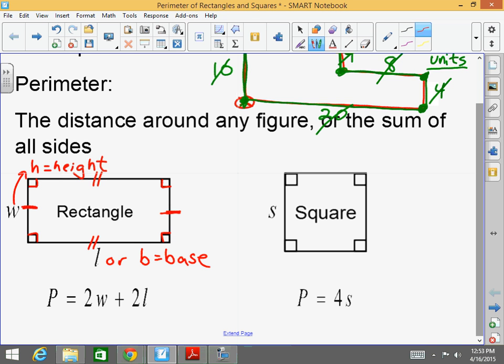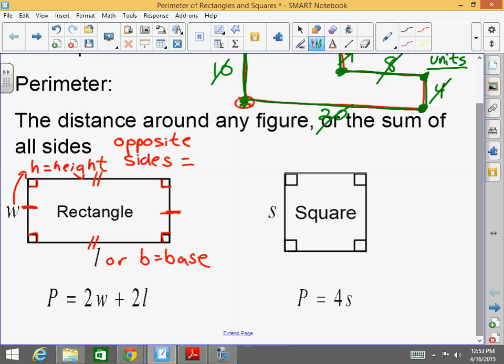Or the bases will be equal and the heights will be equal. So for rectangles, opposite sides are equal.